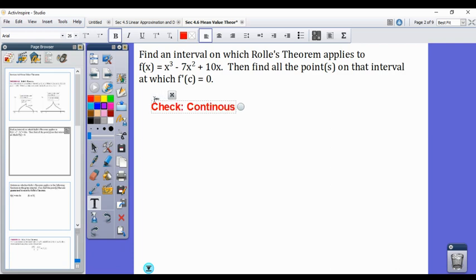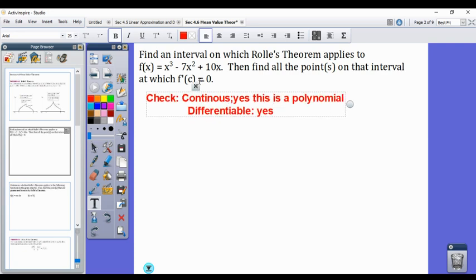And the answer is yes, because this is a polynomial. And then my second check is it differentiable? And the answer is yes. Okay, so knowing those two things, we can solve this problem.